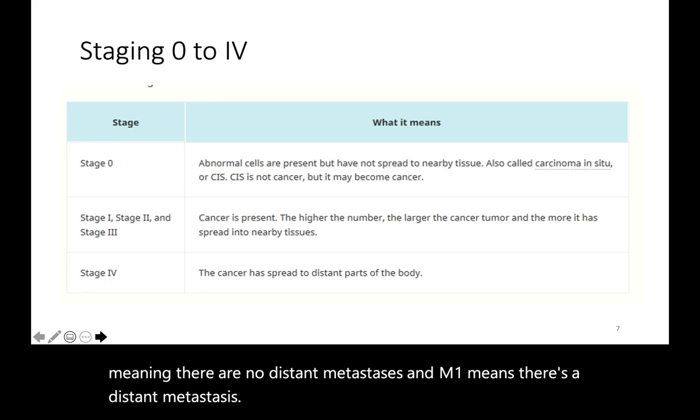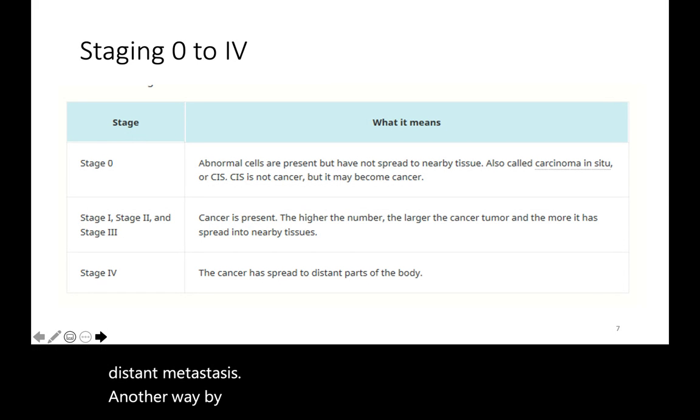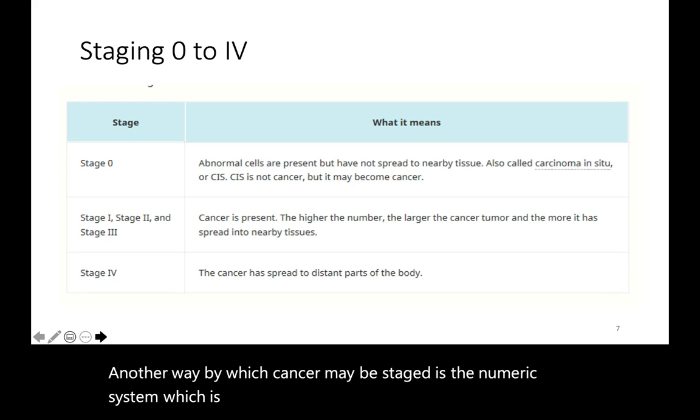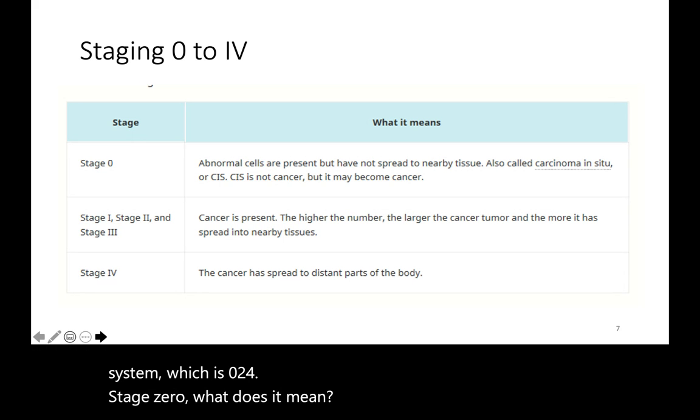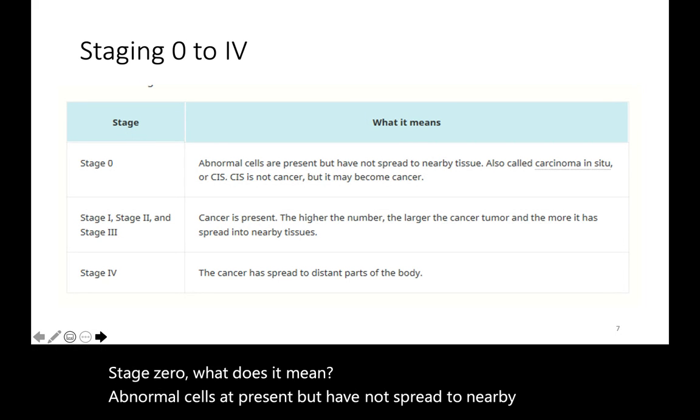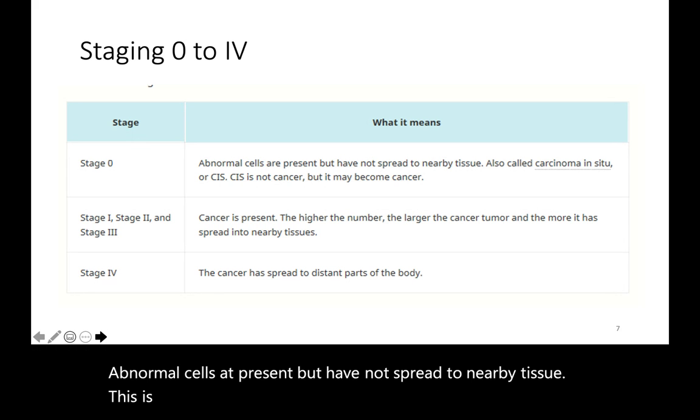Another way by which cancer may be staged is the numeric system, which is 0 to 4. Stage 0, what does it mean? Abnormal cells are present but have not spread to nearby tissue. This is also called carcinoma in situ.